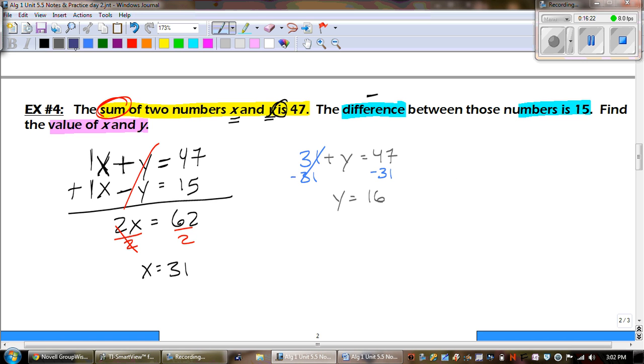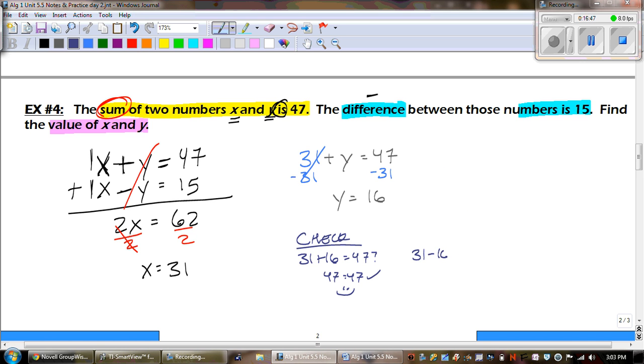So real quick, I'm going to do my check just to prove that we're right. So 31 plus 16. Does that give us 47? Yeah. 47 equals 47, so yay, it's true. But we have to double check both of them.